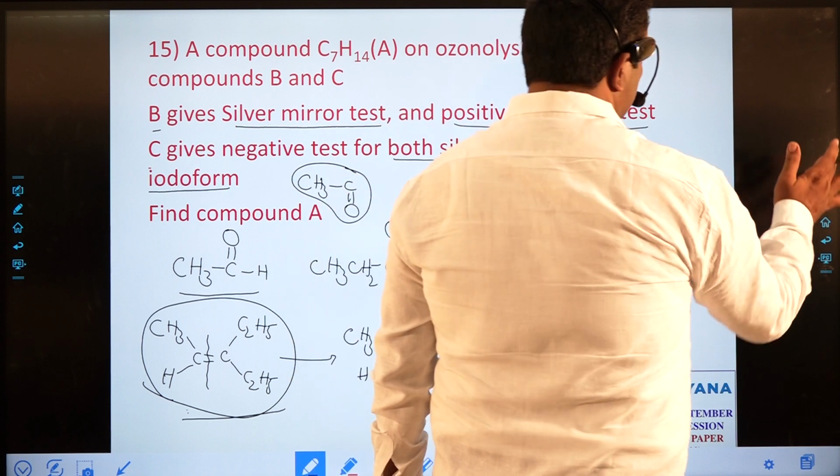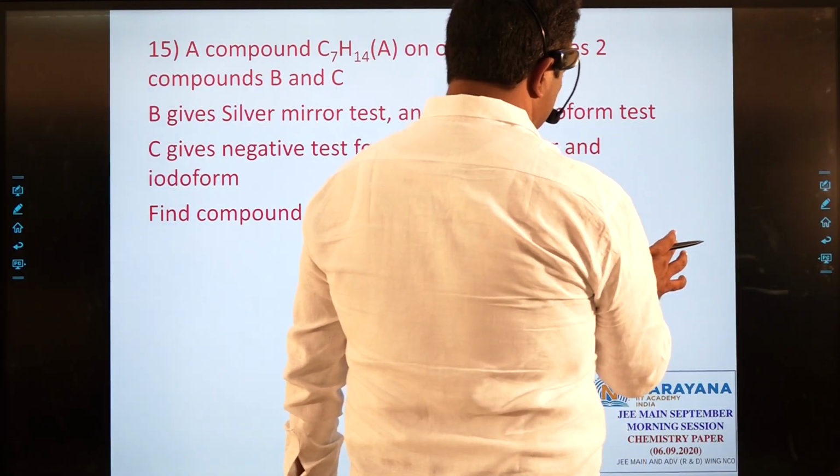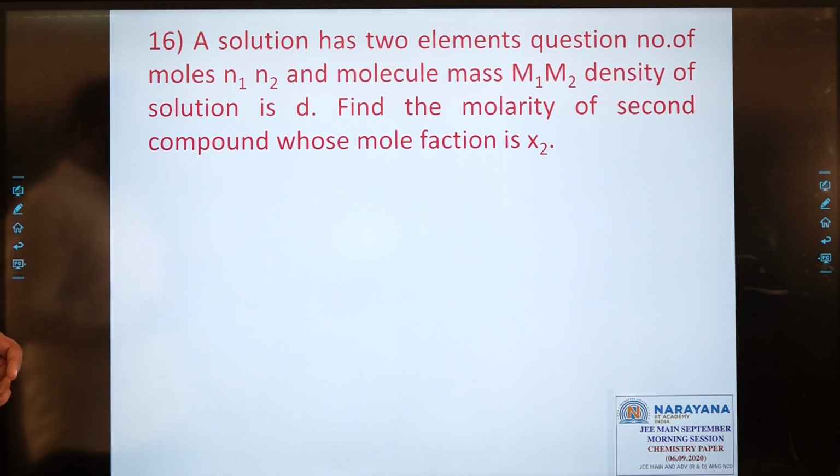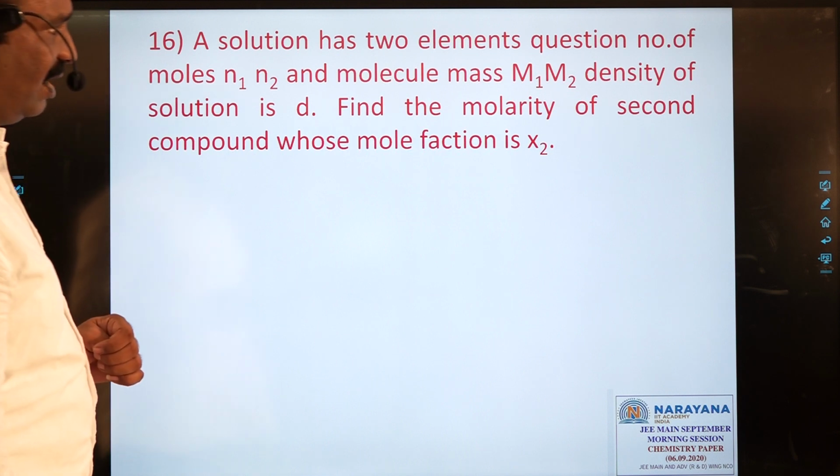Let me go for another one. A solution has two elements. Number of moles N1, N2 and molecular mass M1, M2.